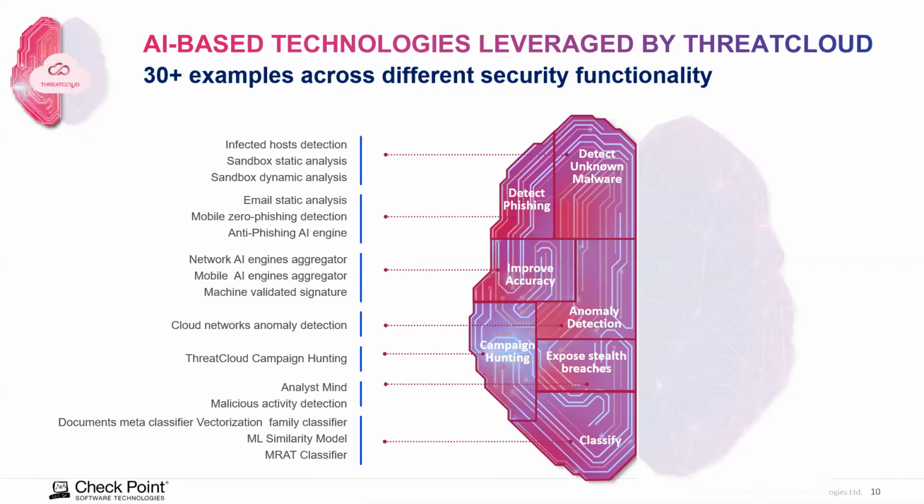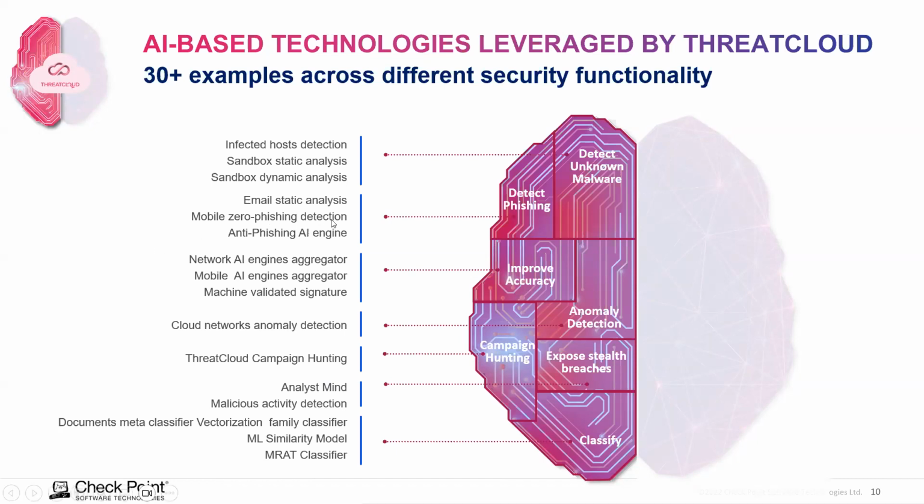So this slide, I didn't want to get too deep into this one, but here's some of the examples of the AI-based technology. So we got infected host detections, we got the sandbox analysis, the threat emulation that feeds us a lot of that. That's where we catch most of the 0 days and stuff like that.